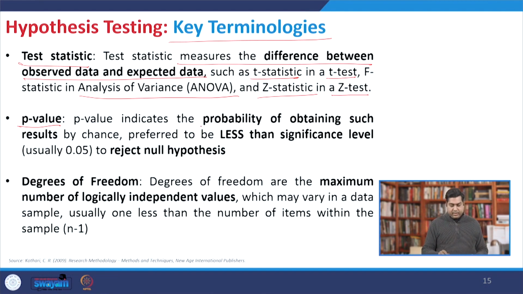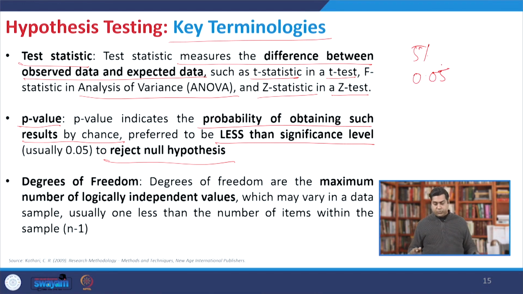The p value indicates the probability of obtaining such a result by chance, and it is preferred to be less than the significance level to reject the hypothesis. As I already mentioned, if you take a 5% significance level, the value is 0.05, so your p value should be less than 0.05 to say that we are okay to reject the null hypothesis.